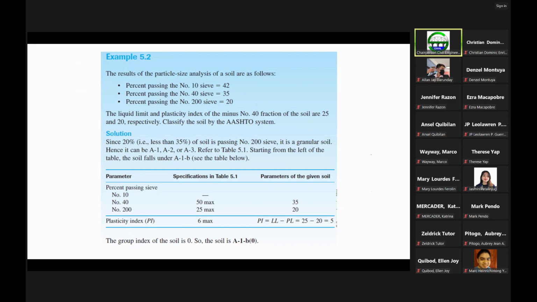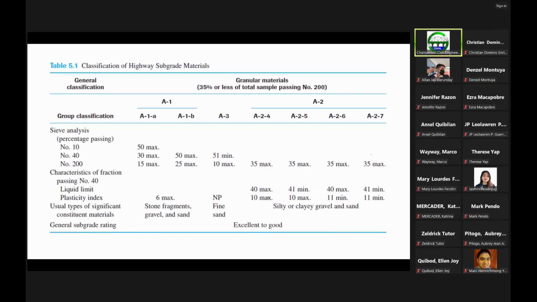Now looking at table 5.1, since the plasticity index is 5, let's see.